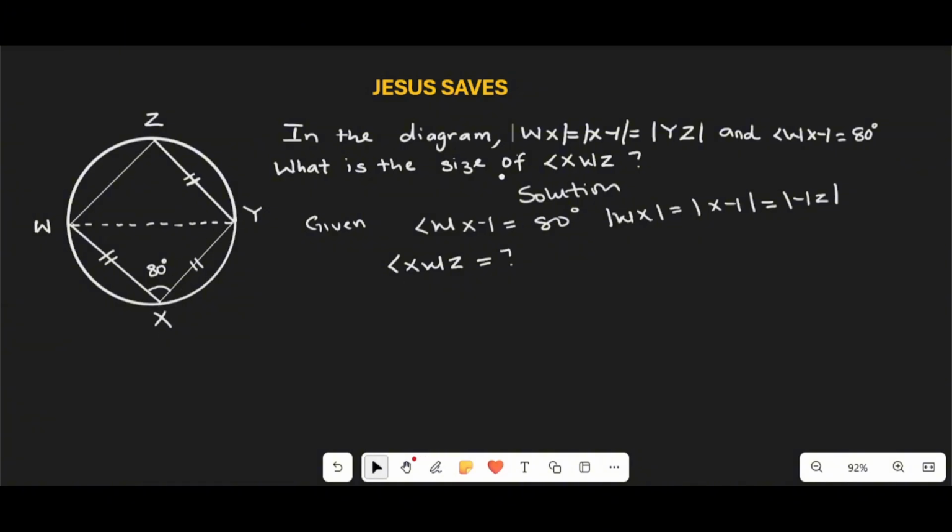It follows that triangle WXY is an isosceles triangle, and base angles of an isosceles triangle are equal to each other. So we can say angle XWY and angle XYW are equal to each other, and let us denote it with B.